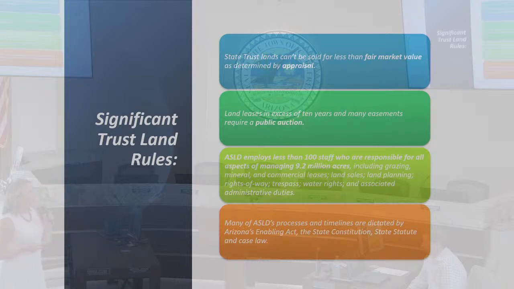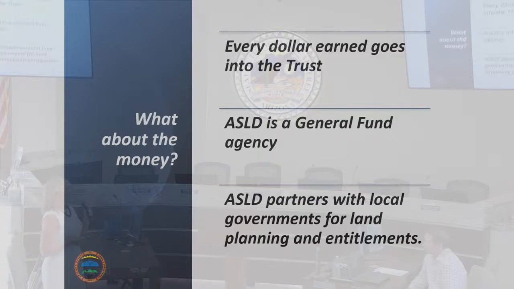Most of our processes and timelines, as I said earlier, are dictated by our Enabling Act and the Constitution. So we work slowly. We have mandated processes that we have to follow that would take sometimes an act of the legislature, sometimes an act of the voters, or sometimes literally an act of Congress to change the way we do some of the things we do. Again, every dollar earned goes into the trust.